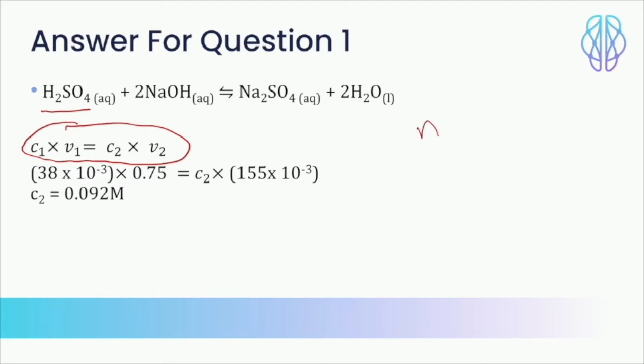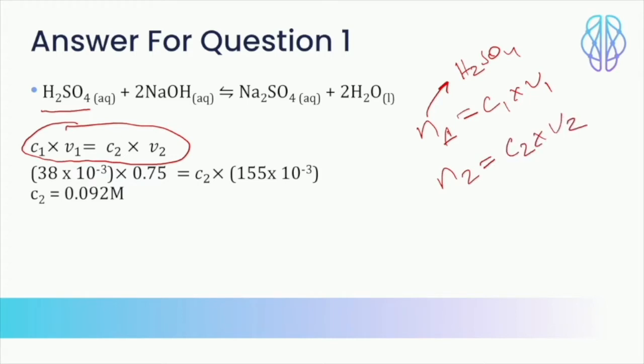So N1 equals C1 times V1. And let N1 be the moles of sulfuric acid. N2, on the other hand, equals C2 times V2. Let N2 be the moles of sodium hydroxide. At the equivalence point of the titration, the moles of sulfuric acid will equal the moles of sodium hydroxide.